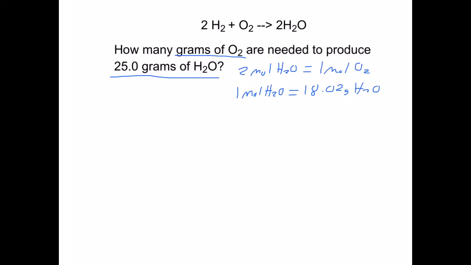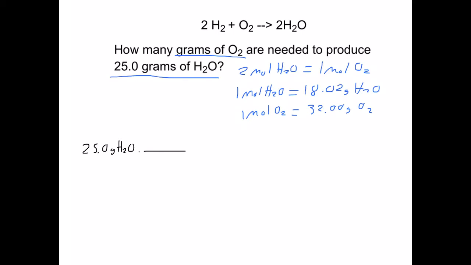Once we're done with the mole ratio, we're going to have to get from moles of O2 to grams of O2. So 1 mole of O2 is equal to 32.00 grams of O2. So we're going to write down our given first, 25.0 grams of H2O.